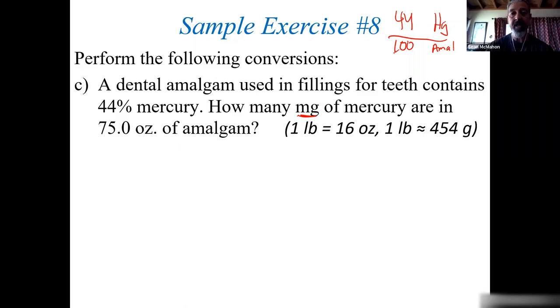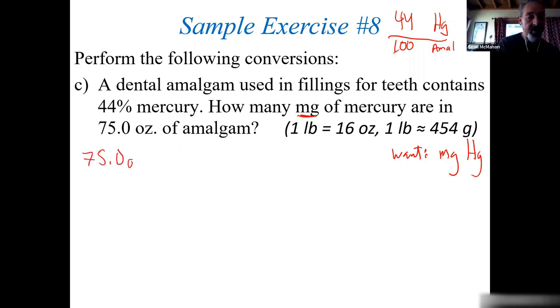How many milligrams? What do I want? I want milligrams of mercury. How many milligrams of mercury are in 75 ounces of amalgam?